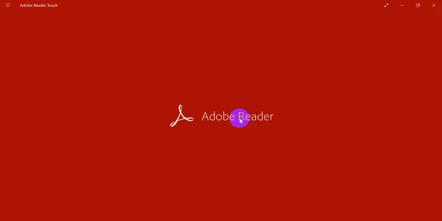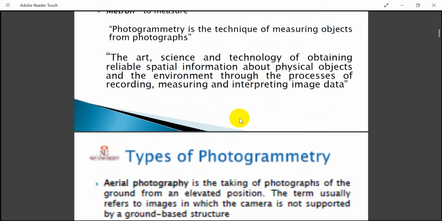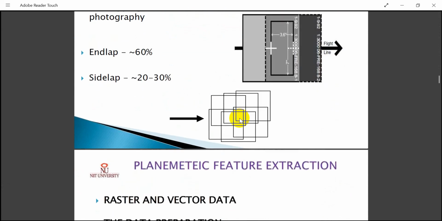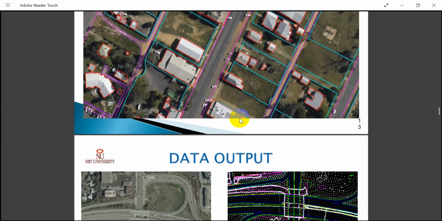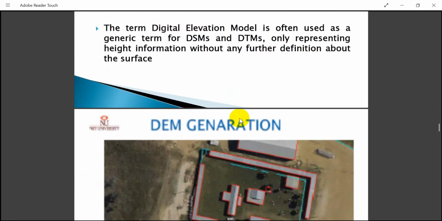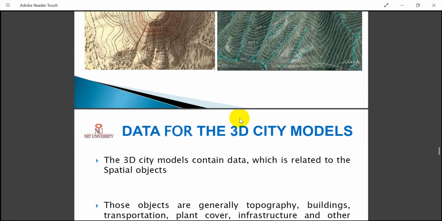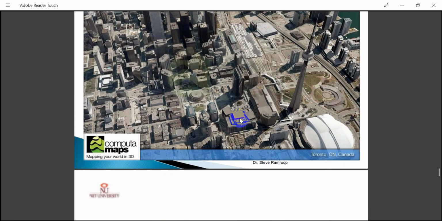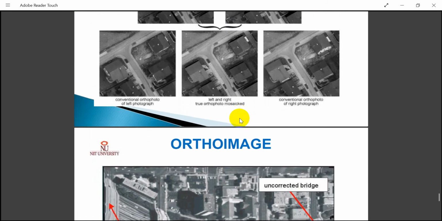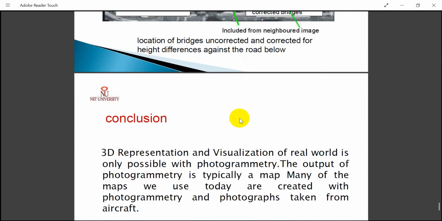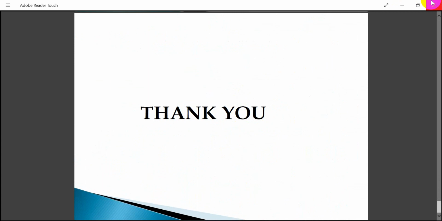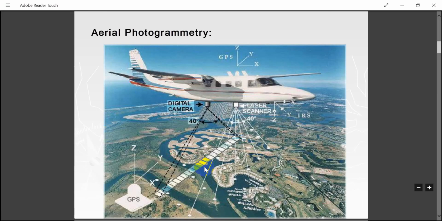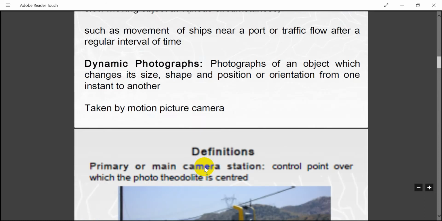So in this aerial photogrammetry, these are the images, contour lines, 3D building model. Everything almost reaches an advanced stage. Just from a photograph they can tell you what your life is also. Nowadays it has reached too many heights.